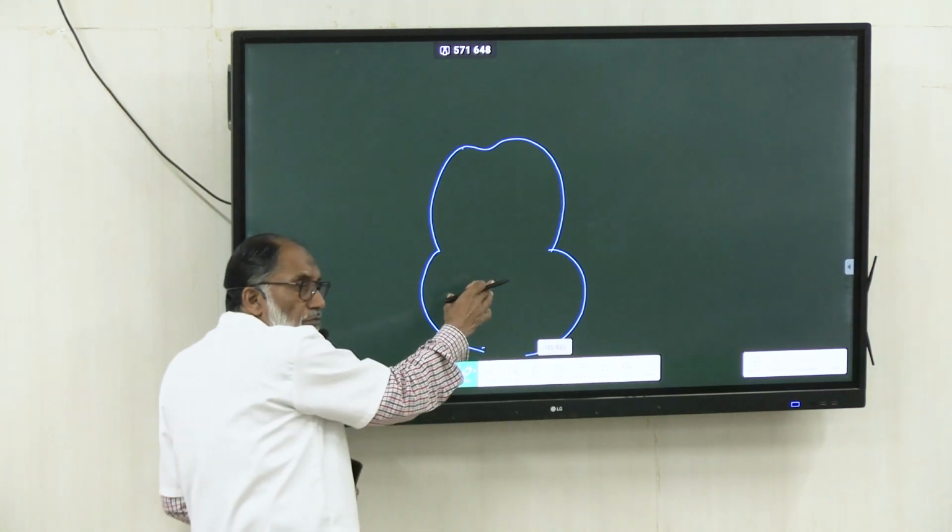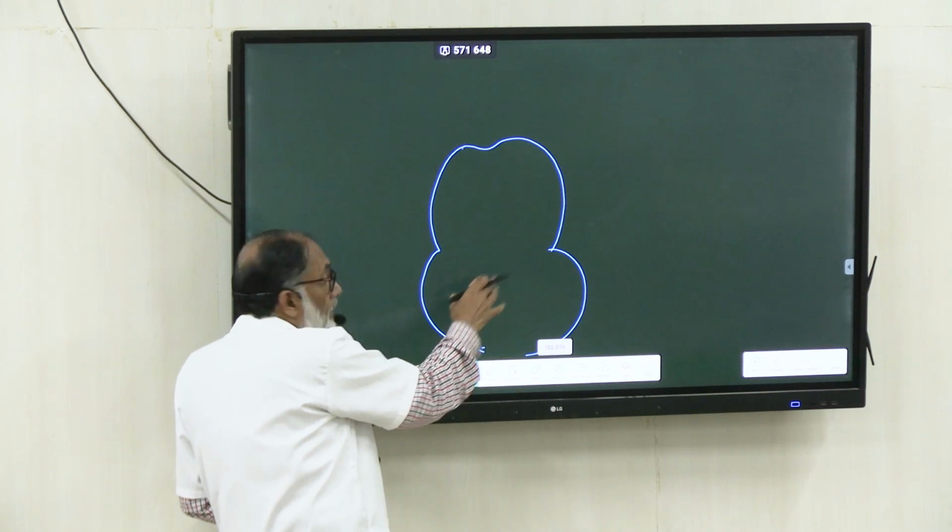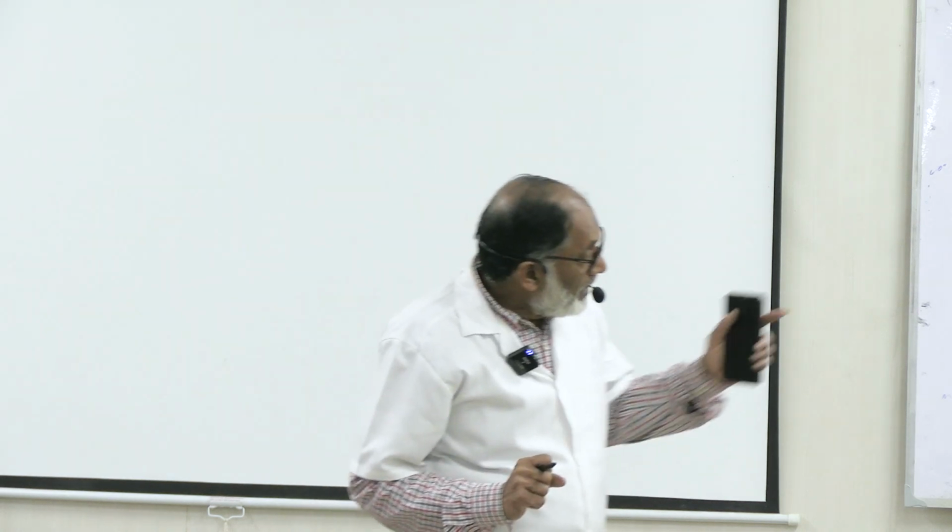And this is the ventricle. But actually, if you draw this picture, you will not be able to show the interatrial septum, right?